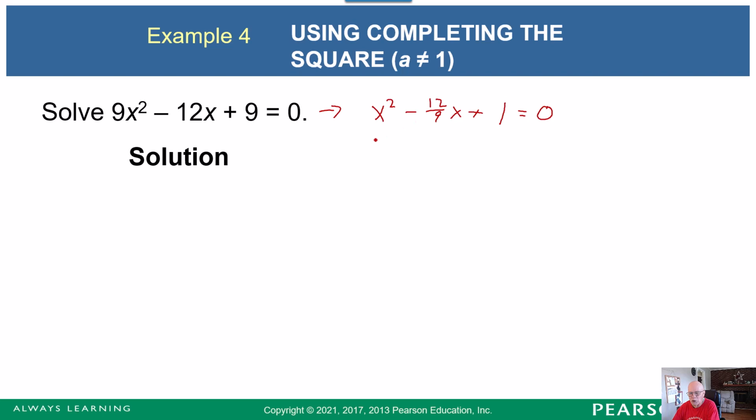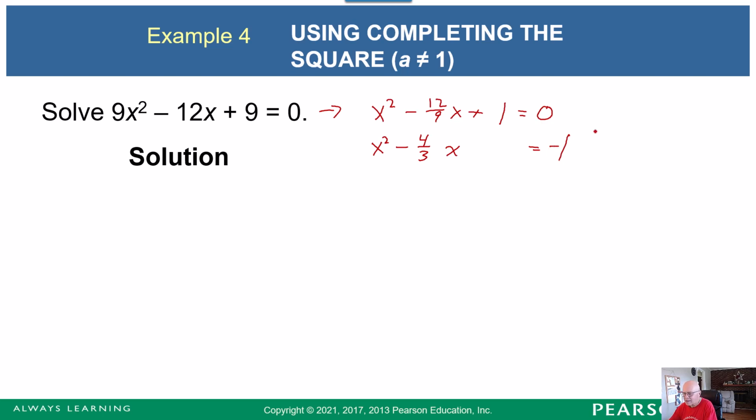Next, we're going to do 2 things here. I don't think that should confuse you too much. X squared is fine. This can be reduced. We'll make that 4/3 x. And also what we're going to do, we need to leave a blank in here. So I'll subtract 1 from both sides, and we're ready to go.